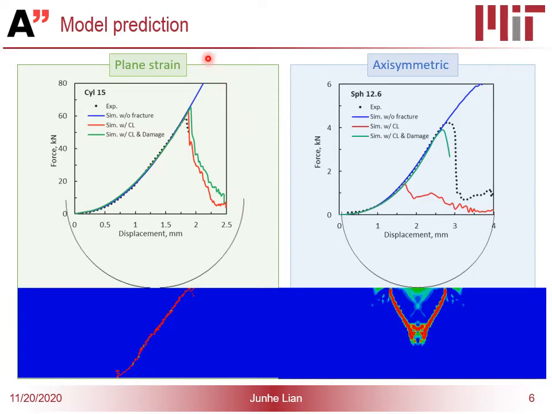For the plane strain condition, the critical damage values are restricted to a very narrow line, which is the clean shear fracture. But for the axisymmetric condition, the damage accumulated right under the punch, and we also have a development of a shear failure in the end.